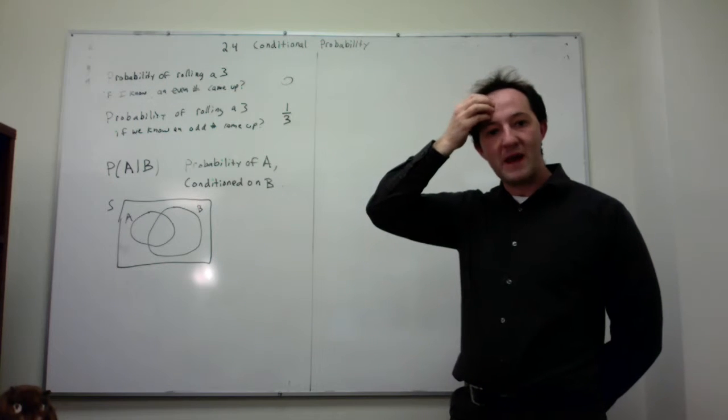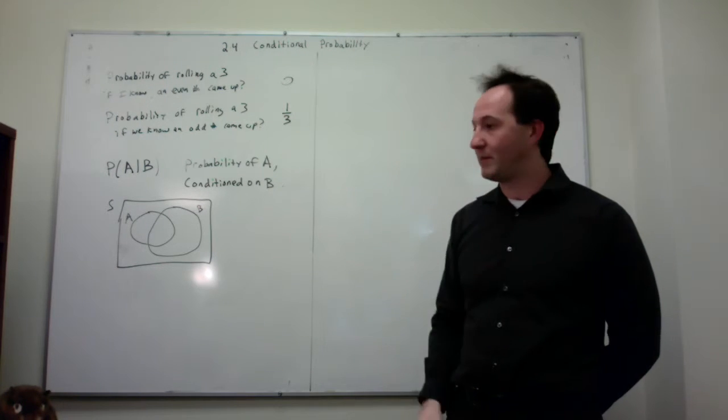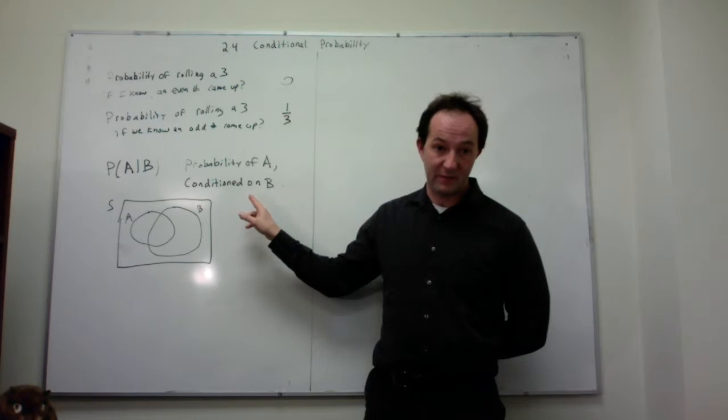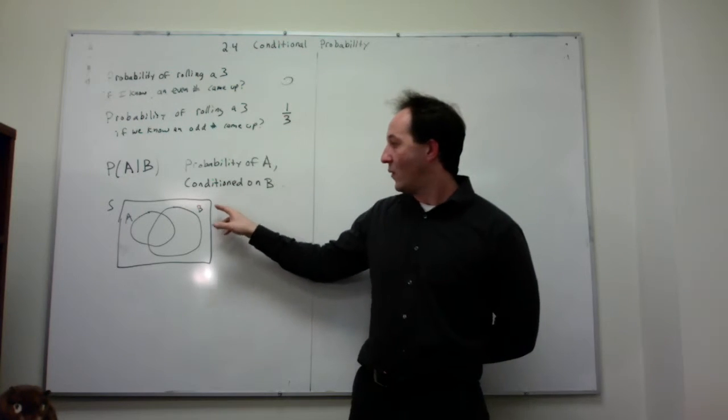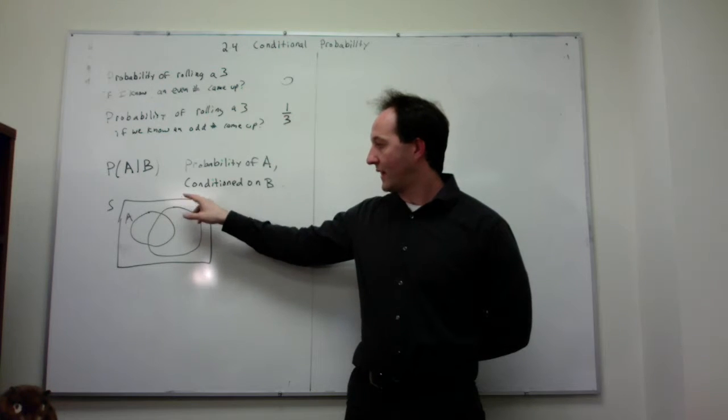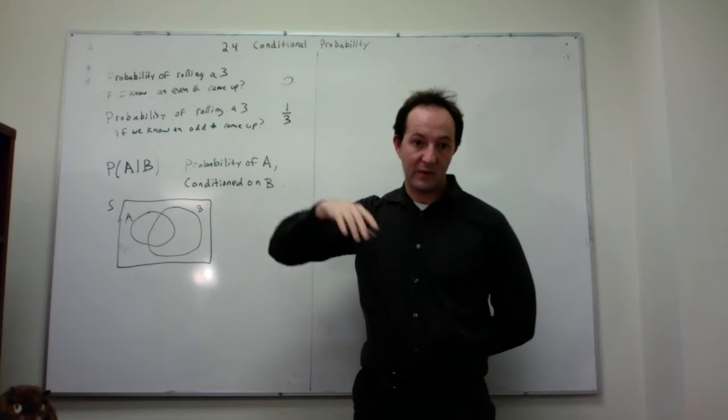Now, what you can imagine the conditional probability as being is, imagine that we run this experiment a very large number of times, and every time the light comes up outside of B, we throw that one away.